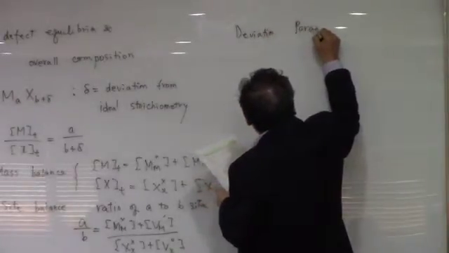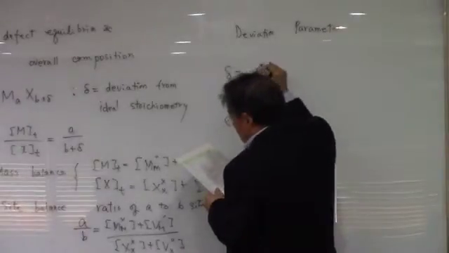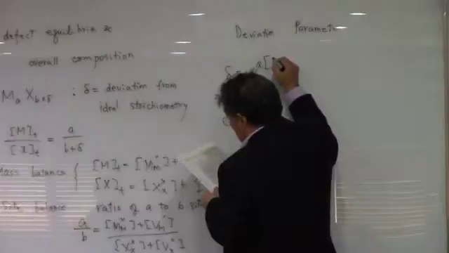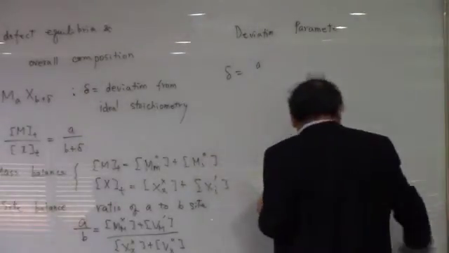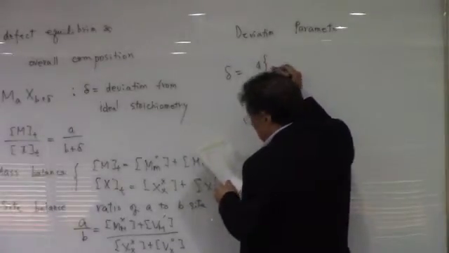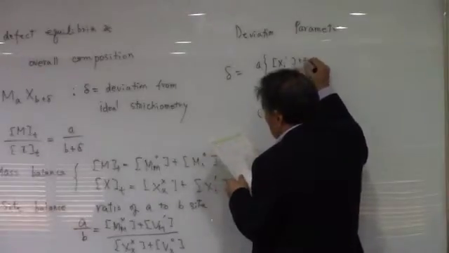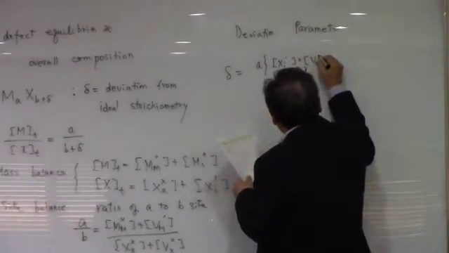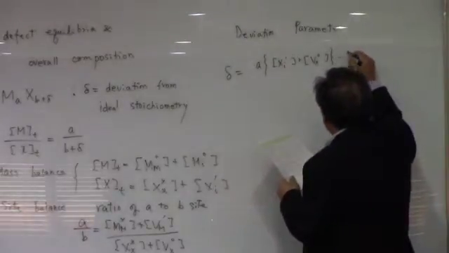And here, the deviation parameter delta now is equal to A, M_i interstitial, X naught, minus V_M.